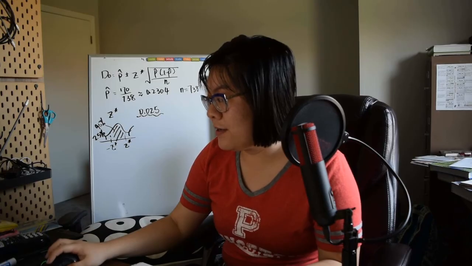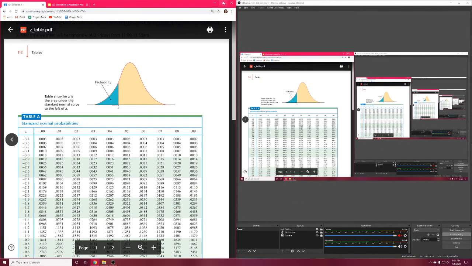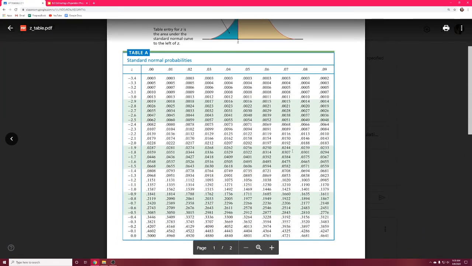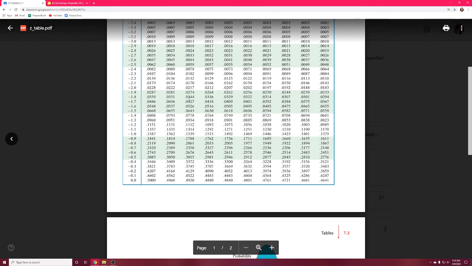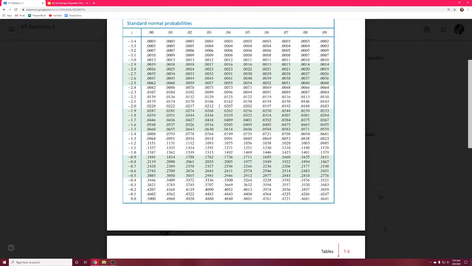So let's look at the z table. It's also in your Google Classroom, and we want to find 0.025. Here is 0.02 and then 5 is over here. You see that? 0.025.